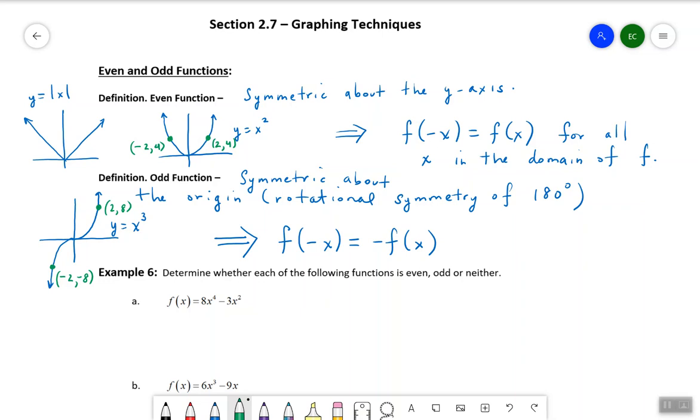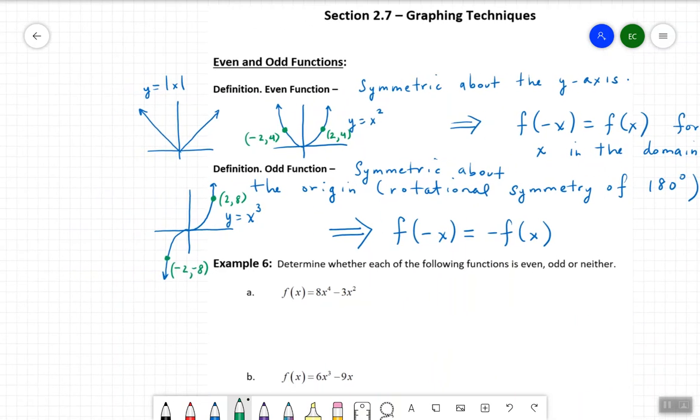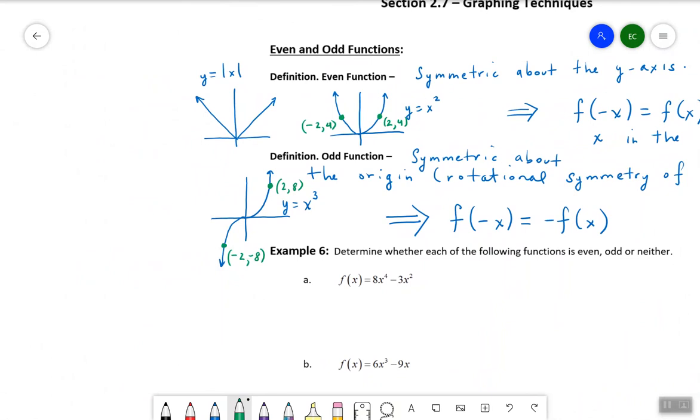And once again, there are a couple other examples of basic functions that meet this criteria. Can you think what they are? The cube root function also has odd symmetry.